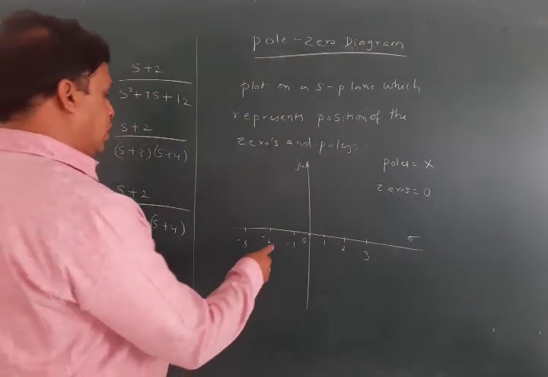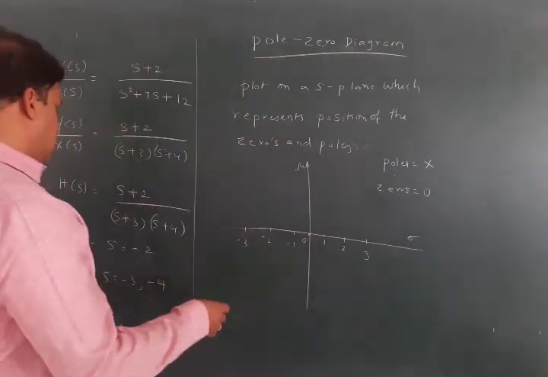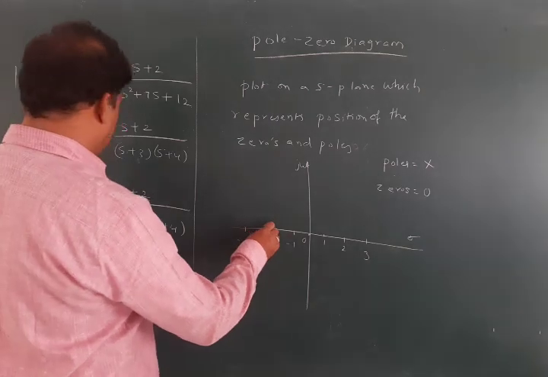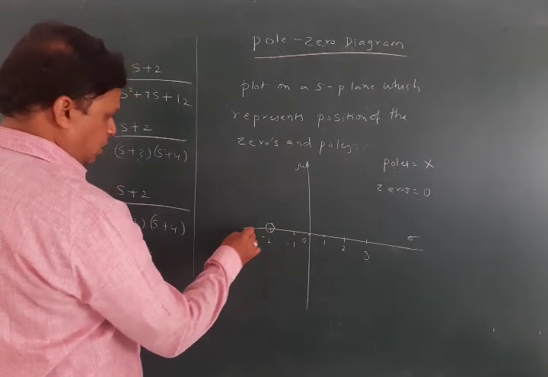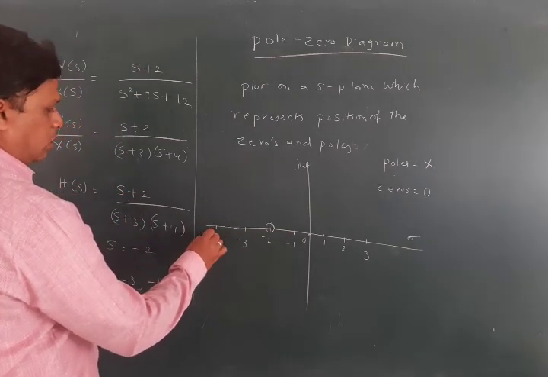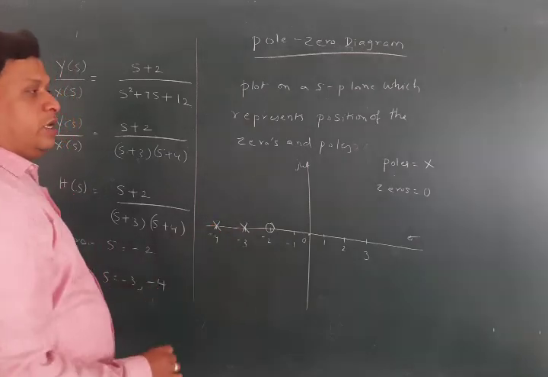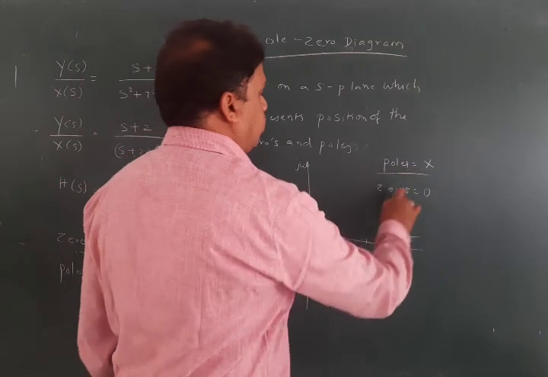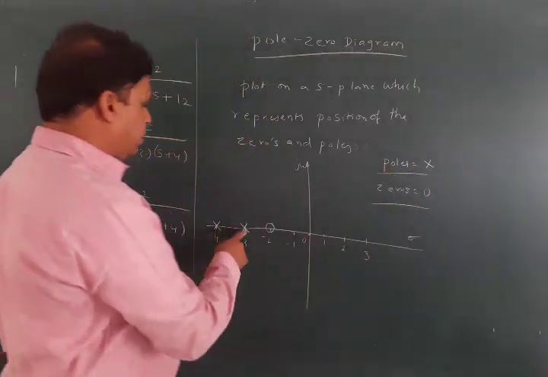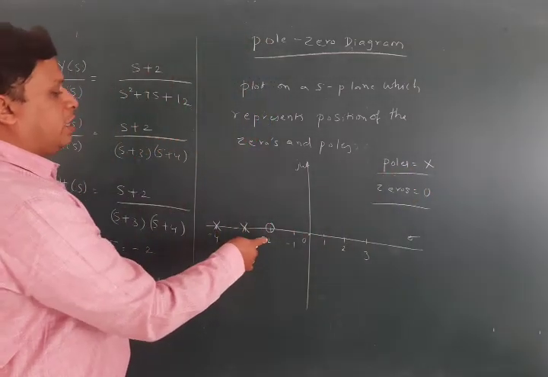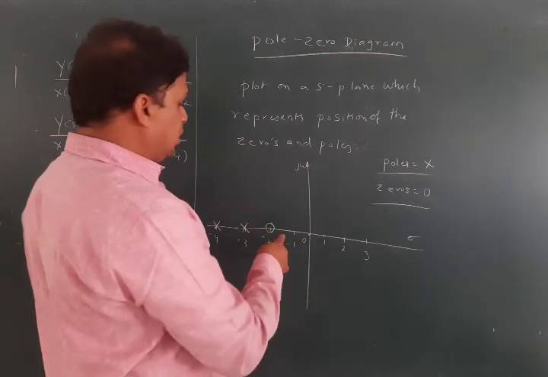So how many poles are there? You have to plot here. s is equal to -2 is a zero, so you have to plot a zero here, and -3 and -4 are the poles. So these are the two poles plotted here. The poles are X symbols, that is -3 and -4, and the zeros are only one zero, that is -2.